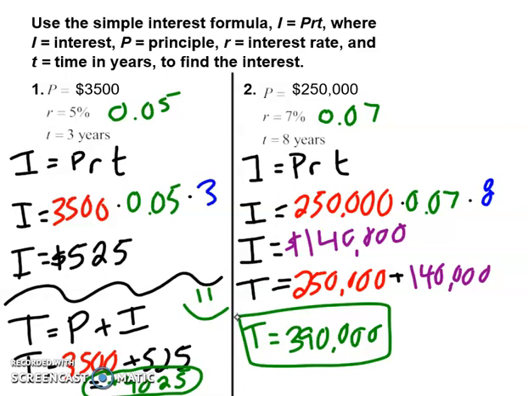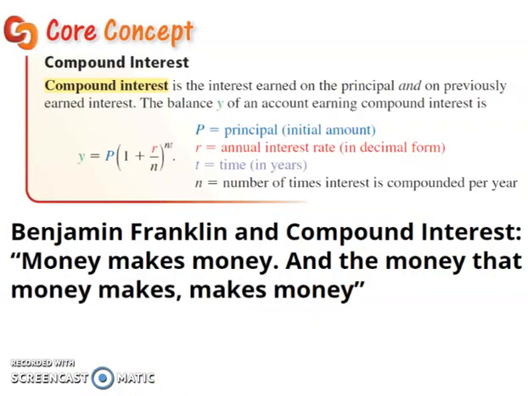And we're going to be talking about the beautiful thing with money. And as Benjamin Franklin puts it in a great quote, we're going to be talking about compound interest, because you can make more money with compound interest than with simple interest. So here are the notes and our setup for compound interest. Compound interest is the interest earned on the principal and on previously earned interest. The balance y of an account earning compound interest is given as follows.